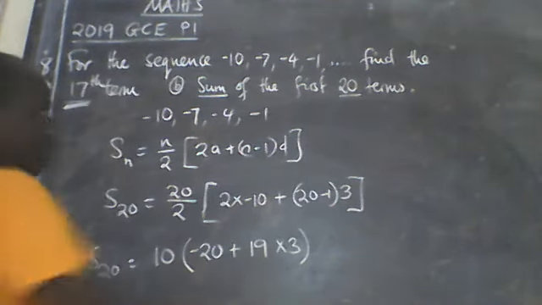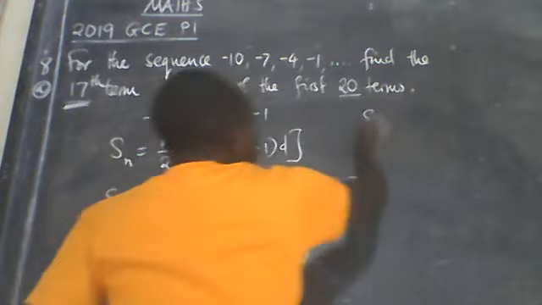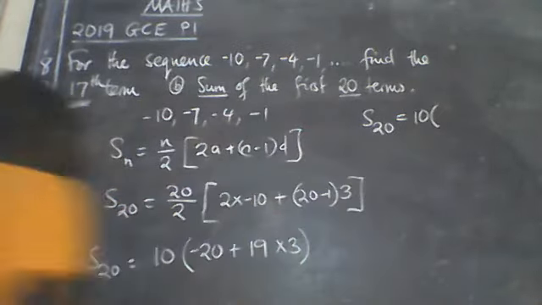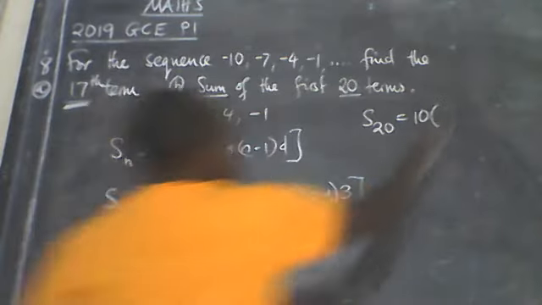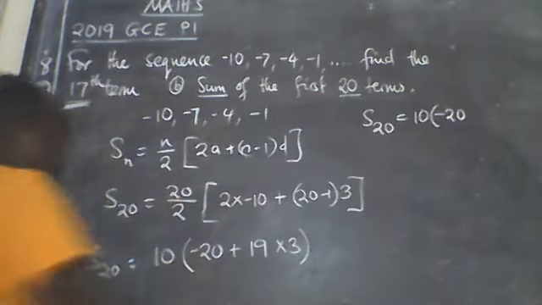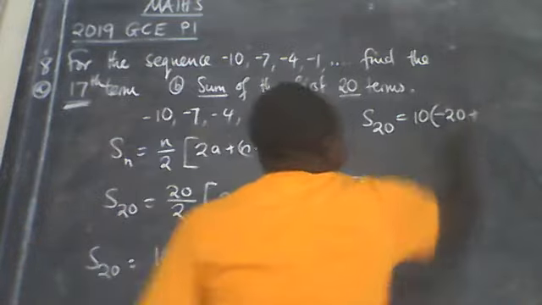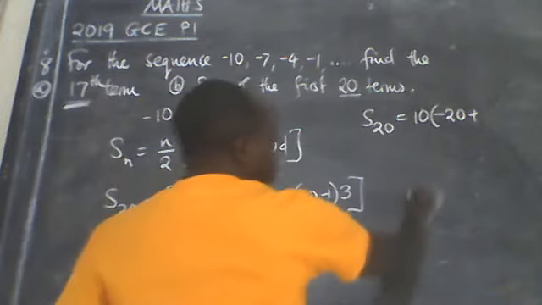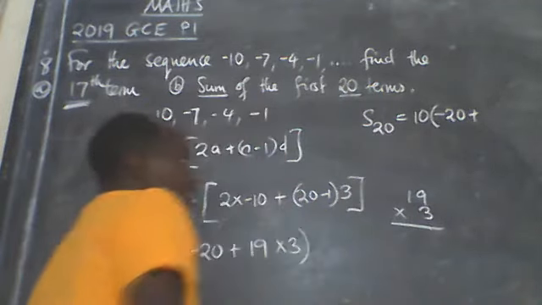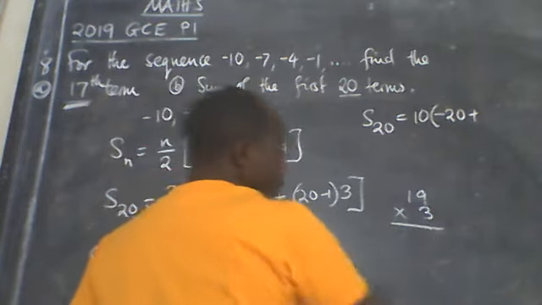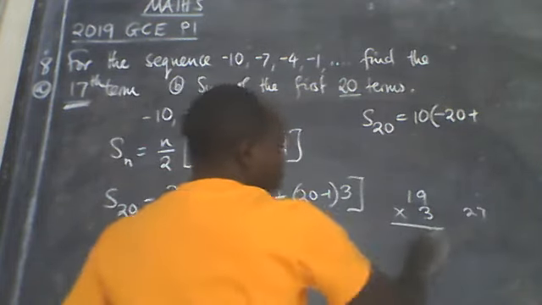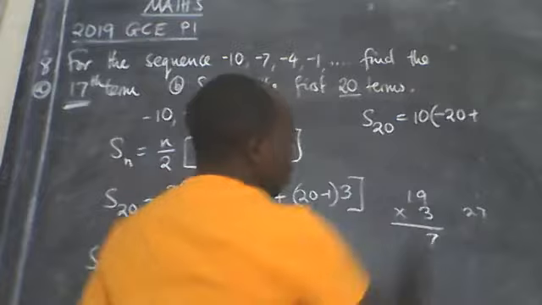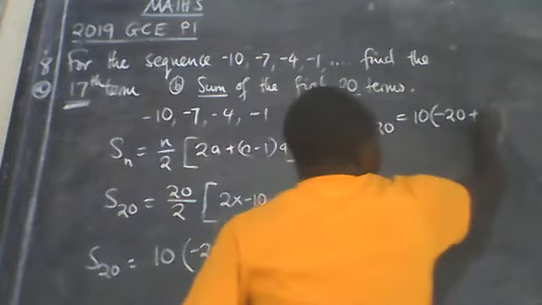So the sum of 20 will be equal to 10, and then I'll have negative 20 plus, and then I have to multiply 19 by 3. That will give me 57. So write 7 there, and then the 1 and the 3, that is 3, plus the 2, that is 5. So I have 57 here.